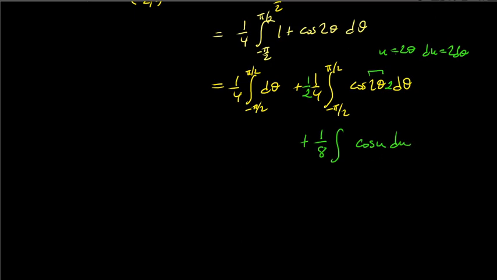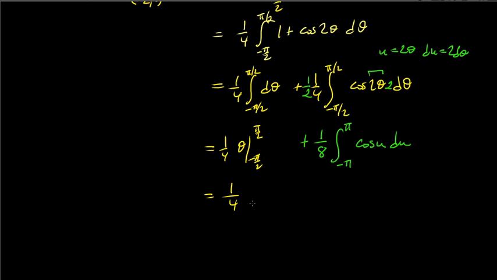Now, u is 2 times theta, so 2 times negative pi over 2 is just negative pi, and then we go to positive pi. But let's do the first integral. The first integral is just 1/4 times theta, evaluated between negative pi over 2 and pi over 2, so that's pi over 2 plus pi over 2, which is pi.